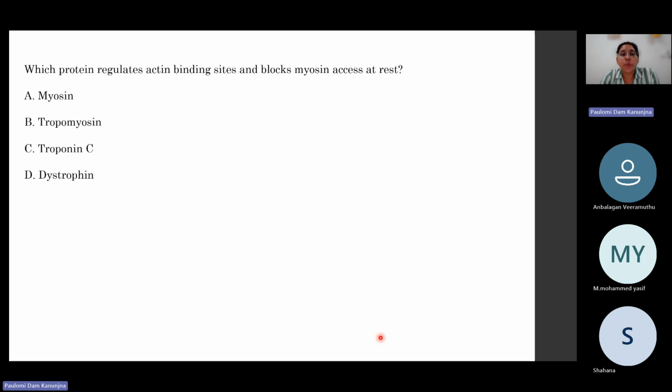Now, which protein regulates the actin binding site and blocks myosin access at rest? Anyone have any question?